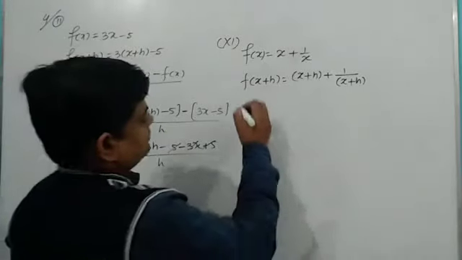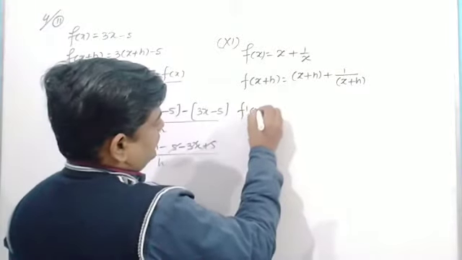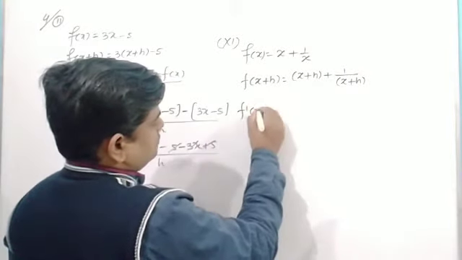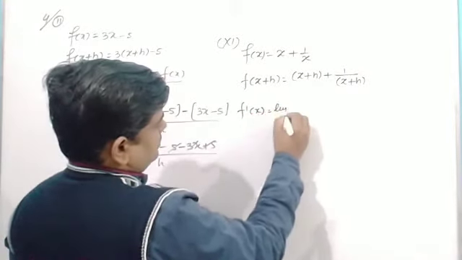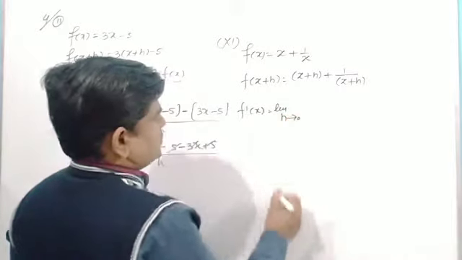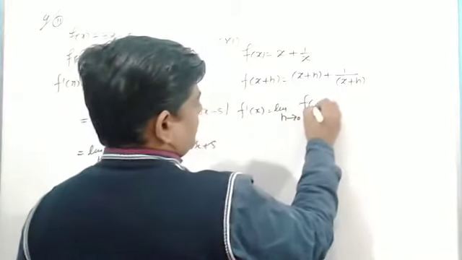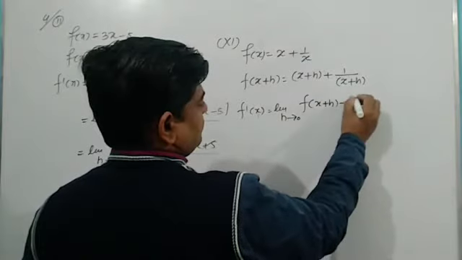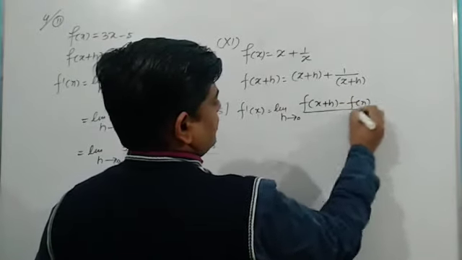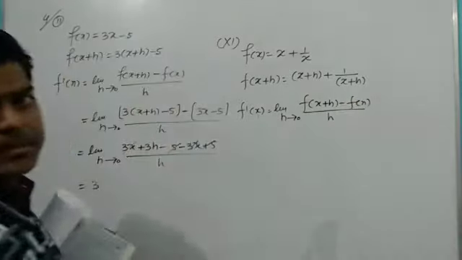So what can I write? f dash x is equal to limit h tends to 0, f(x plus h) minus f(x), and whole upon h.